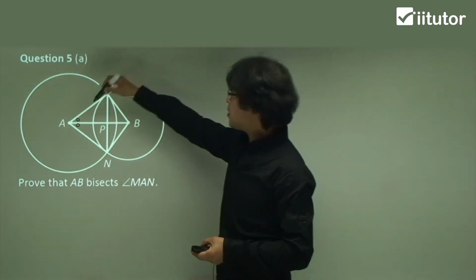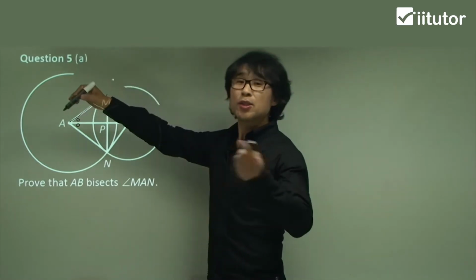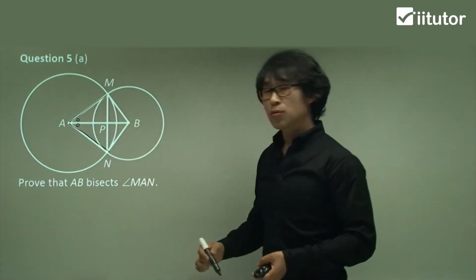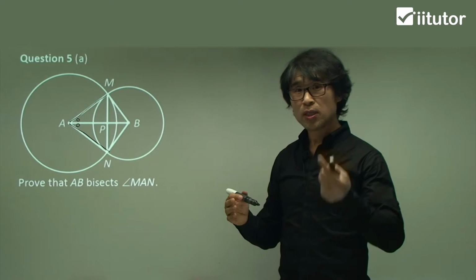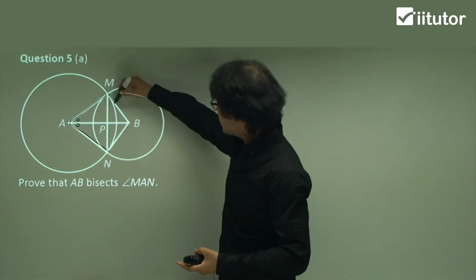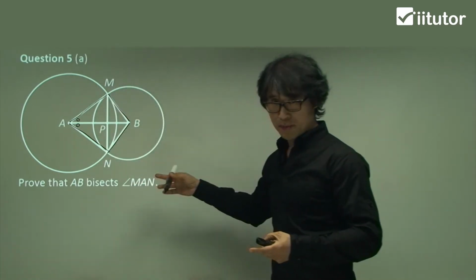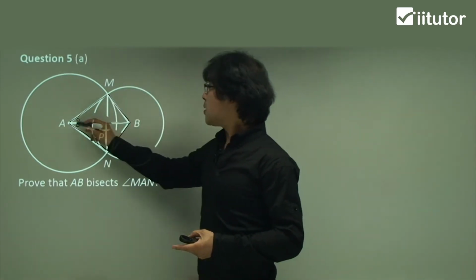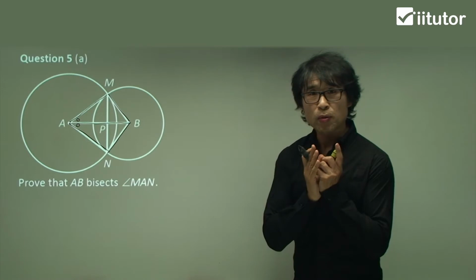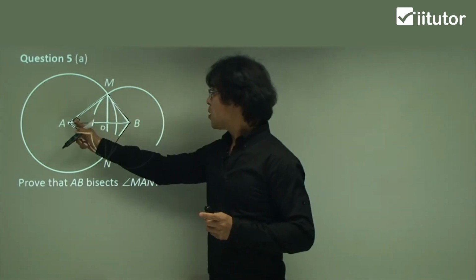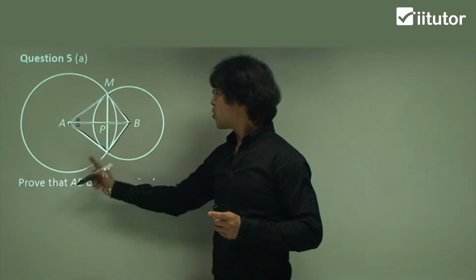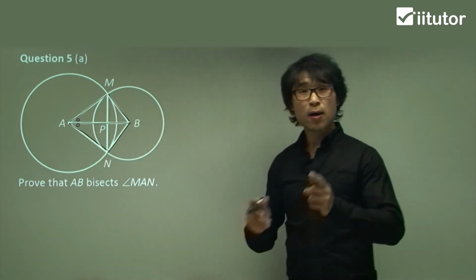The first step is to mention these two sides are equal because equal radii. And then these two sides are also equal because equal radii in the same circle. And then the side AB is also common. So therefore, the triangle AMB and triangle ANB are congruent.